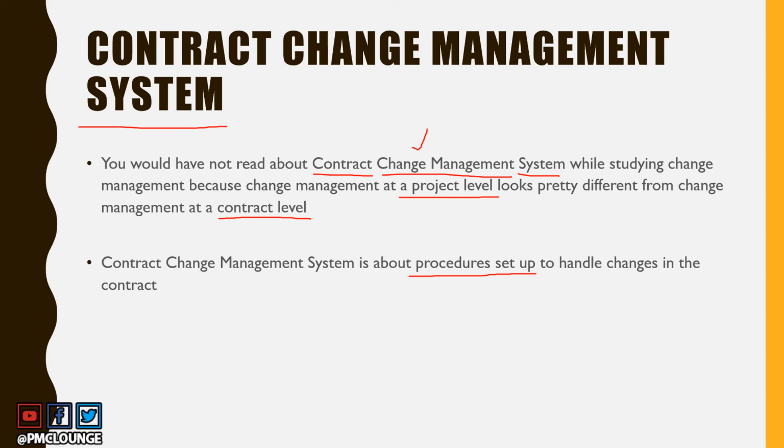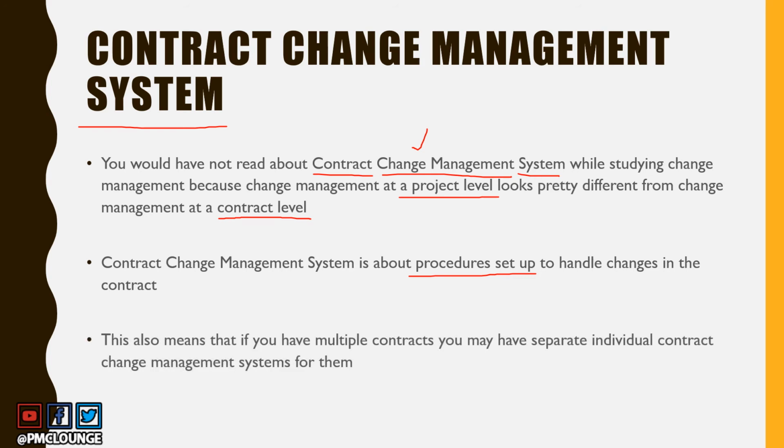So that's why it's best to have a contract change management system in place which both parties agree upon. This also means that if you have multiple contracts, you may have separate individual contract change management systems, because all vendors might not be comfortable in just one contract change management system. One size does not fit all.